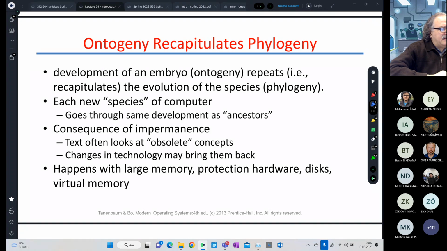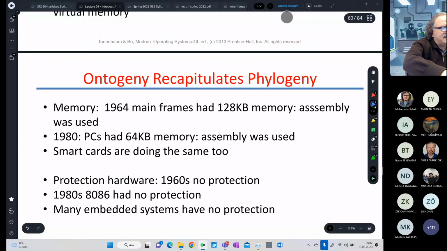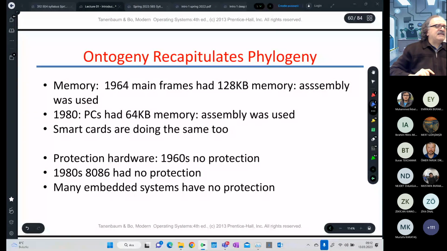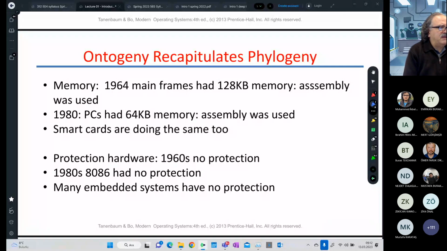What does that mean? Let me explain. In the 1960s, the mainframes had only 128 kilobytes of memory. Since I don't have much space, I can't keep more than one process in my memory, so there was no operating system. And I can't keep a compiler in my memory, that's too expensive, so I write all of my programs in assembly.